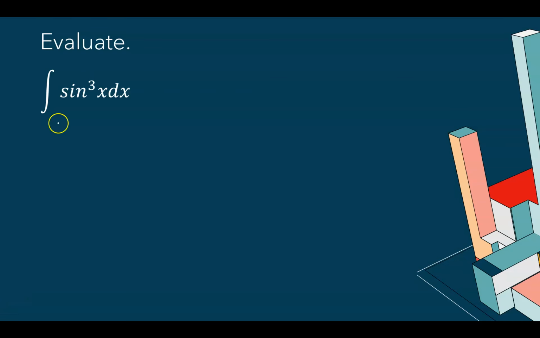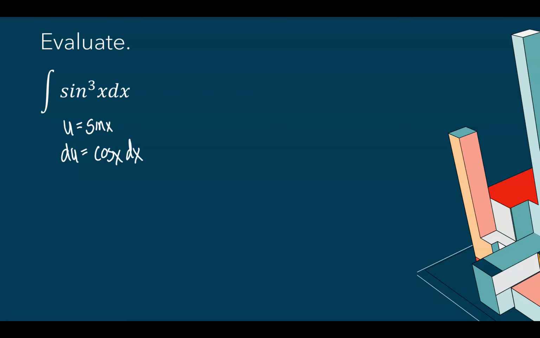And so maybe we try to figure out what u is. Maybe u is sine of x. If u is sine of x, then du is cosine of x dx. I don't know, it's sine of x times sine of x times sine of x. Well, maybe u is sine of x, but how could you get a cosine of x?